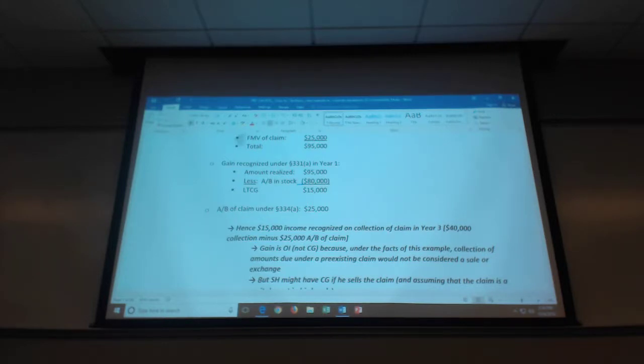And we discussed the fact that the consequence to the shareholder is the same whether it's a cash distribution or a distribution of property, in which case you just value the property for purposes of determining the amount of gain or loss under section 331. We talked briefly about what happens if there are multiple blocks of stock, in which case there's effectively a proration of the liquidation proceeds between the different blocks.